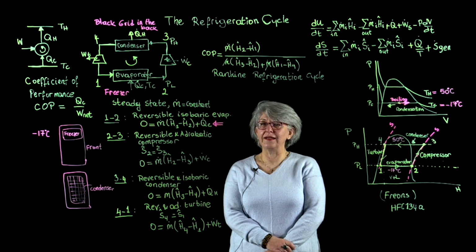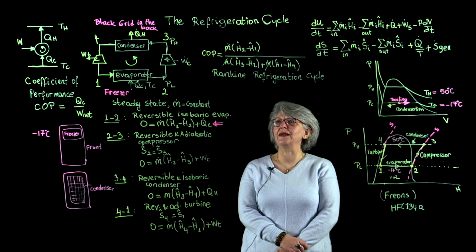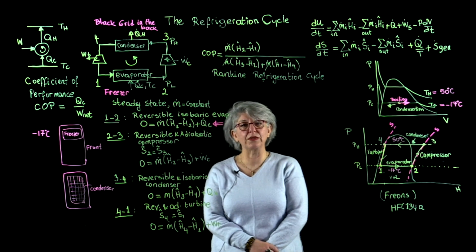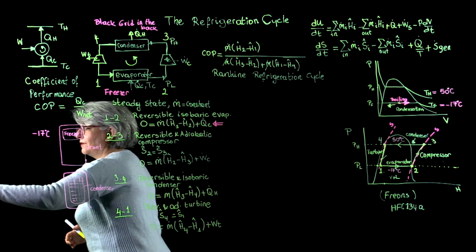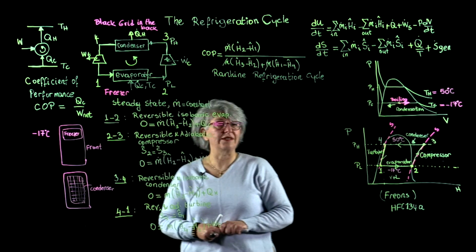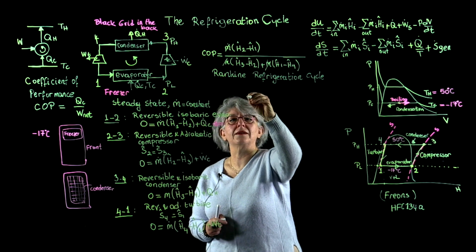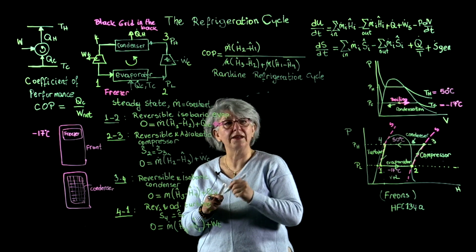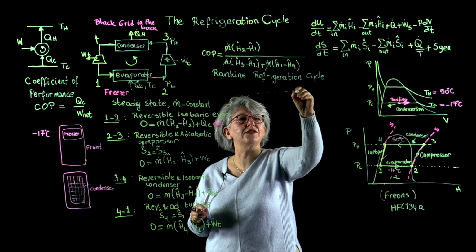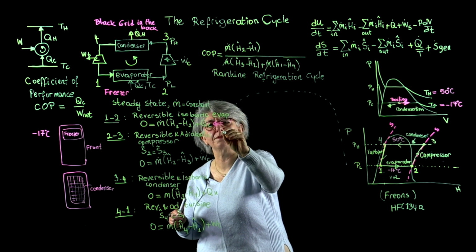Now, this Rankine refrigeration cycle, along with the theory behind it, was for an efficient refrigeration cycle. The little bit less efficient cycle is called the vapor compression refrigeration cycle. I will just create a small frame here and discuss the vapor compression refrigeration cycle in this small frame.